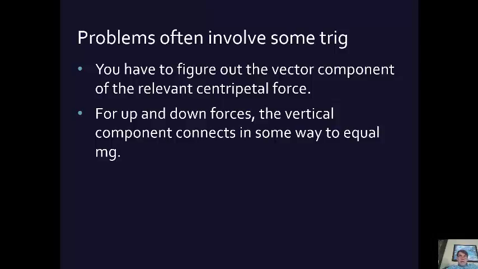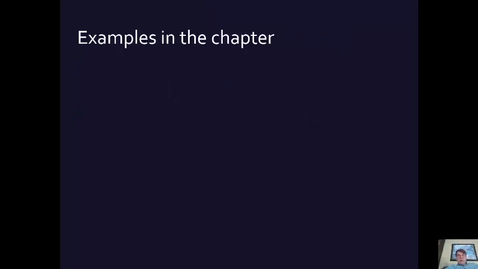And so you have that canceling out of the tension force, or the component of the tension force that's up and down. Again, the sine of an angle is the opposite side divided by the hypotenuse. And so if you know the angle, you can find the vertical component, that's equal and offset to mg, which is the gravity component. So trig is often involved in solving these problems.